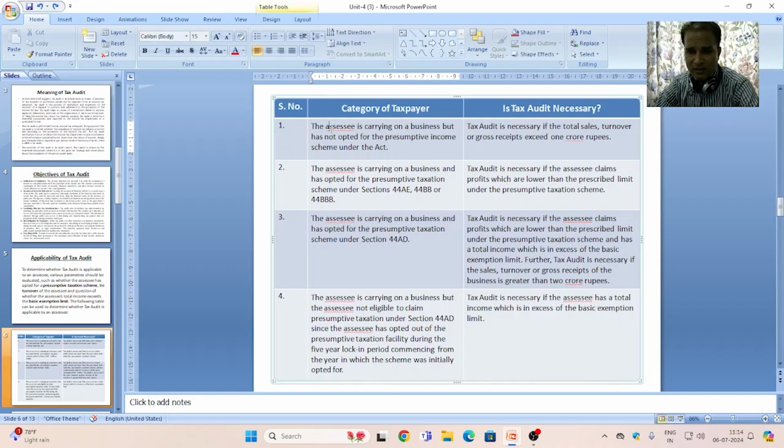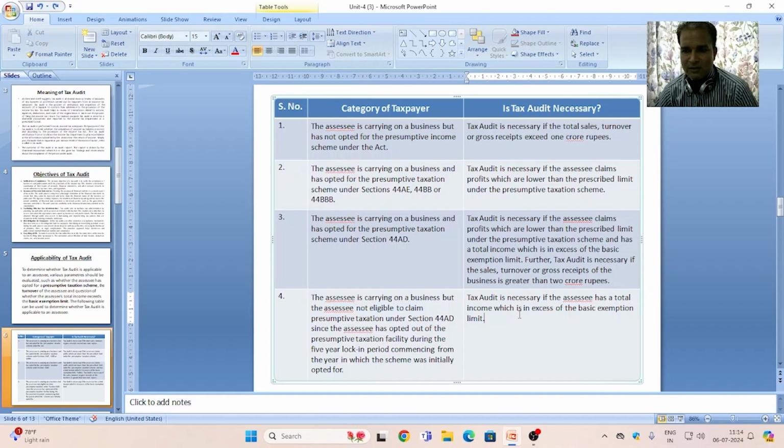We have already discussed various types of SSC for which tax audit is necessary or not. In the first category, we discussed business and presumptive income. In the second, third and fourth categories, we again discussed business.